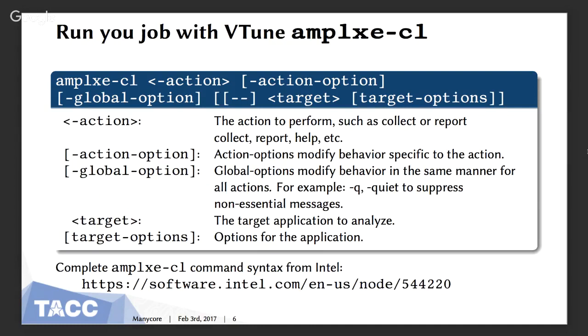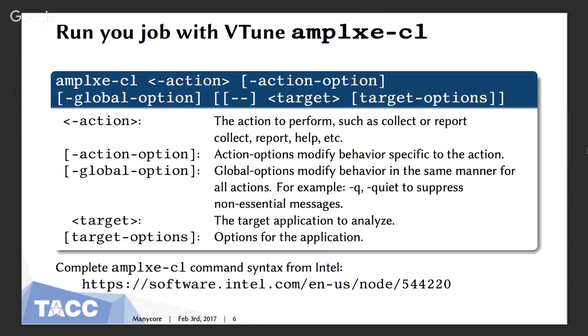So this looks a little crazy. We'll see some simplified examples of this, but basically the idea is you have some argument, the action that you want to perform, whether collect, report, or get help.